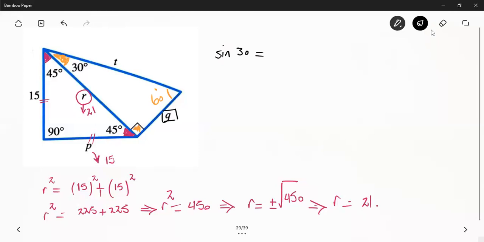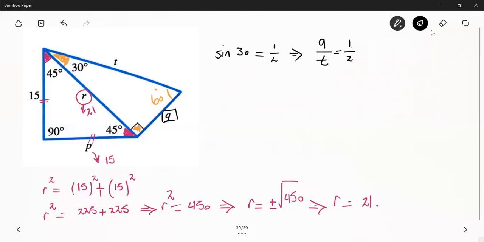Okay, now you see that the sine of 30 is 1/2. The definition of the sine is the opposite over the hypotenuse. The opposite is Q, but the hypotenuse is T, so Q over T equals 1/2.